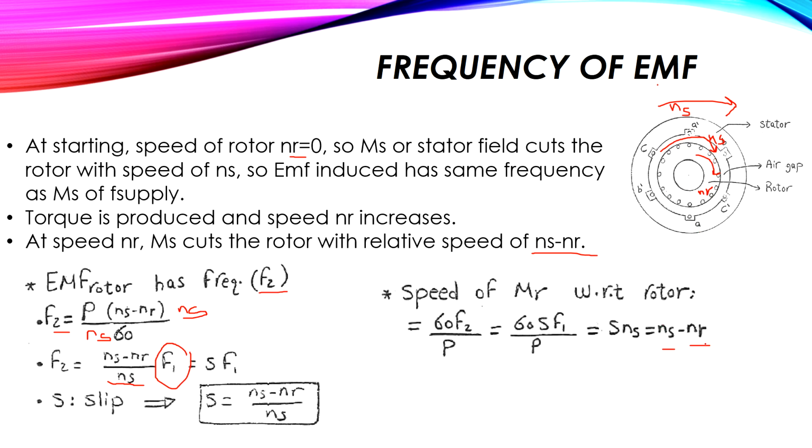So what is the relative speed of Mr with respect to the stator? It will be ns, the speed of Mr, minus the speed of the stator. The stator is stationary, so its speed is 0. So the relative speed of Mr with respect to the stator is simply ns.